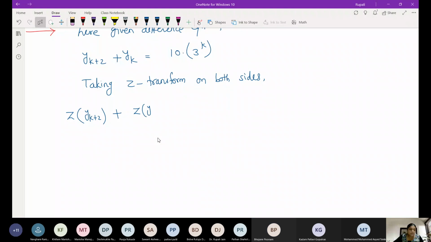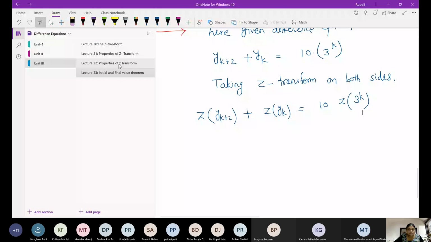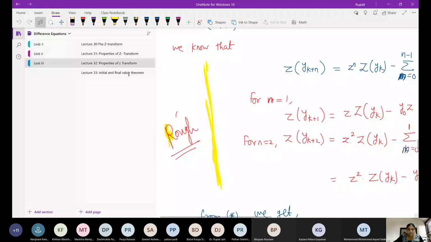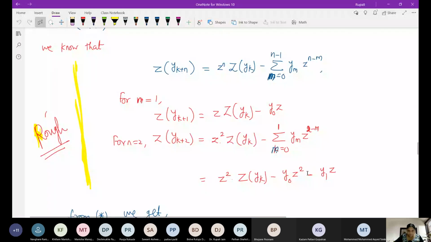So what is Z transform of y(k+2)? Yesterday only we have seen it. It is z square Y(z) minus y0 z square minus y1 z.